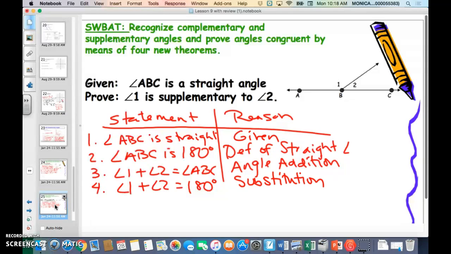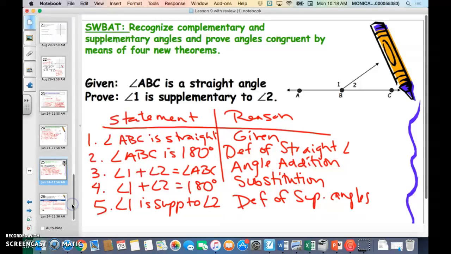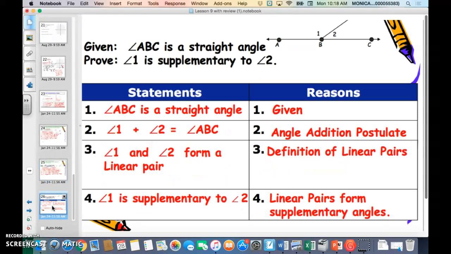And then finally, I can say angle 1 is supplementary to angle 2, and that's because of the definition of supplementary angles. So it's the same thing. It's just using 180 degrees instead of 90, and there it is.